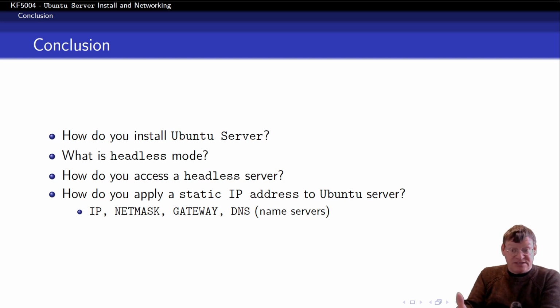We know how to access it because we know what applications we need to install, and we also now know how to set a static IP address on our server. This gets us to the point now where we can actually start looking at our network services. So from this point on, we're now going to be looking more into how DNS works, how web works, how the file systems work, and also how the database can be tied into all of that to create the architecture that we need.